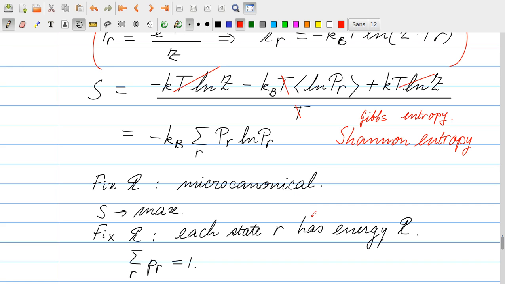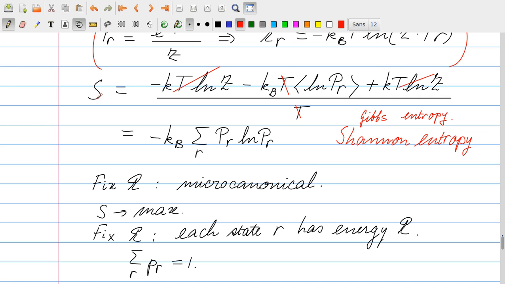Now, in equilibrium, S always goes towards its maximum. So what we need to do is to maximize S with respect to all these probabilities. And so the aim is to find those probabilities which maximize this function S.